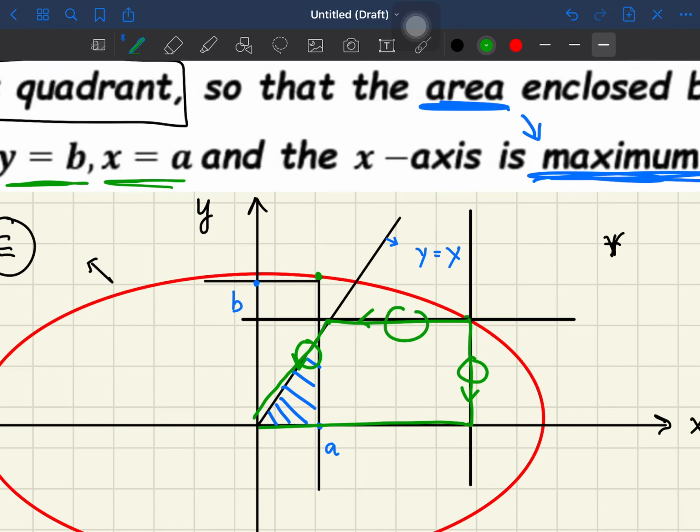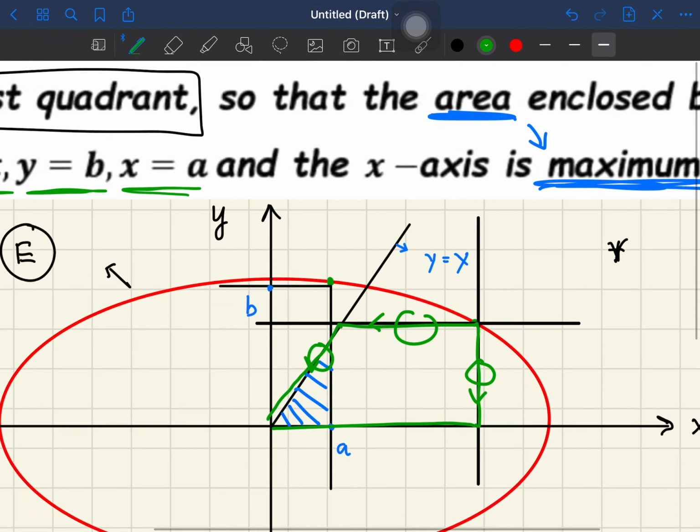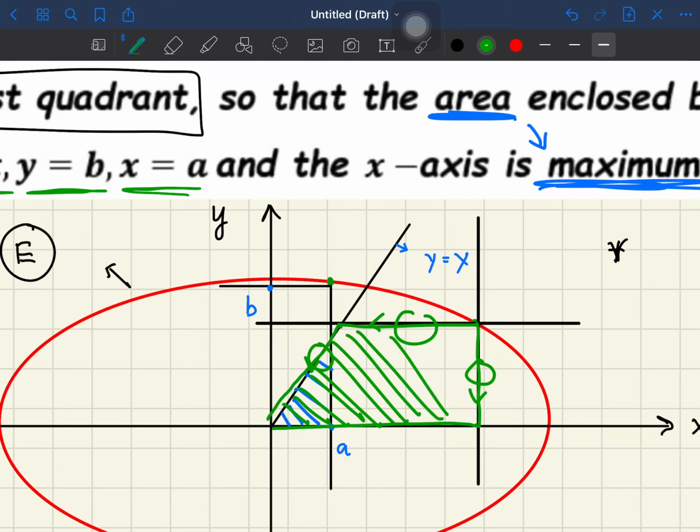And then since this question states that it's in the first quadrant, we must also consider this line. This line must also be responsible for the area. So it results in this green area, which includes the blue one, and you will get a maximum area. So it's very important to choose between 2 points.